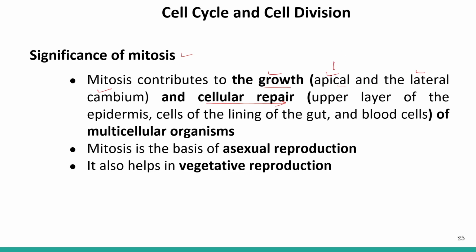Apical cambium is present in the, you can say, root apical meristem. There is one root apical meristem, and then we have the shoot apical meristem.